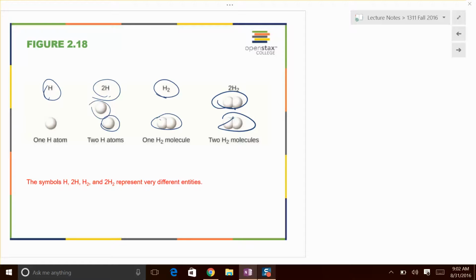If I talk about the hydrogen molecule, that's H2. If I talk about hydrogen atoms, that's a single hydrogen like this.